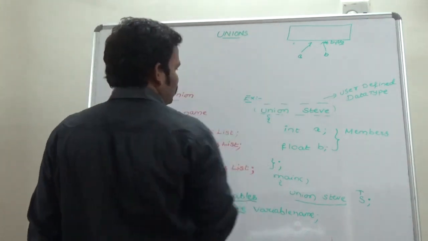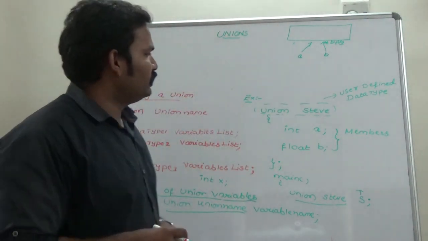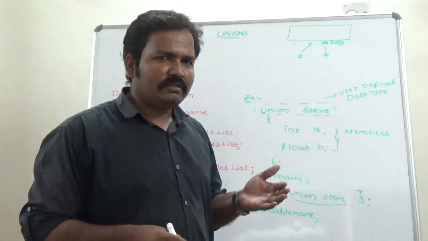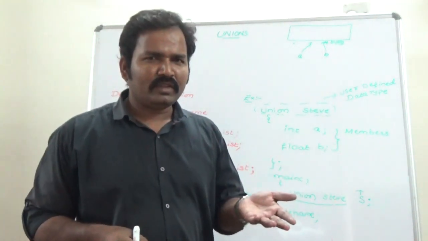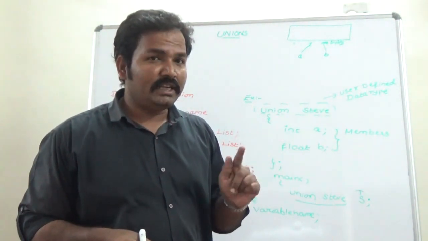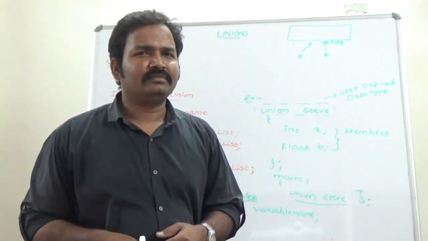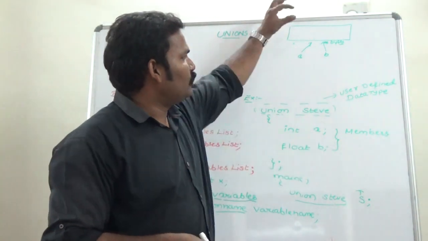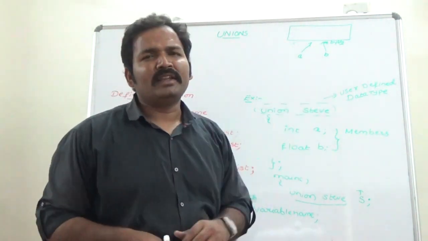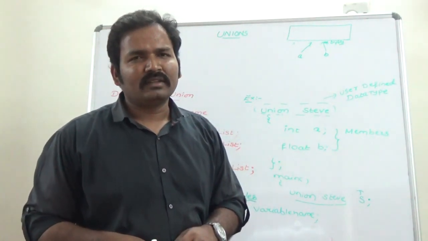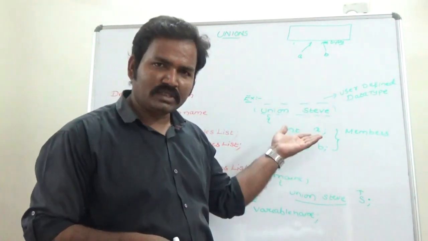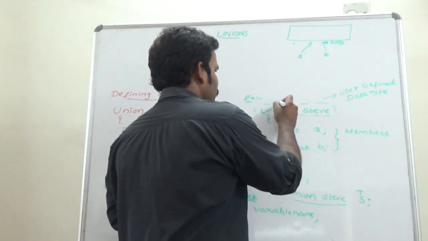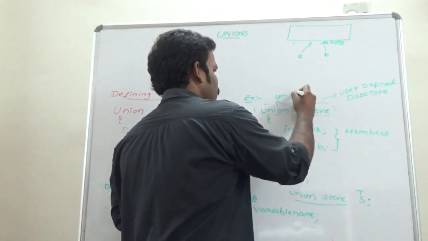Here we have to identify the difference between structure and union. For structure members, individual memory is allocated. For union members, one largest member's memory is allocated. Suppose this is a structure, struct steel.